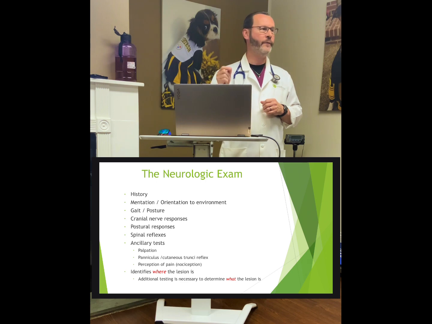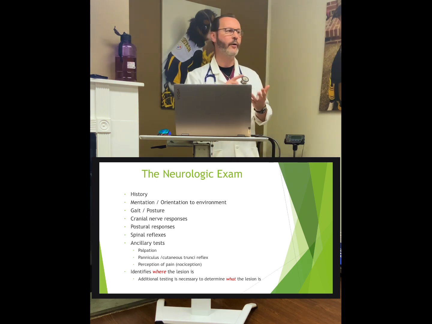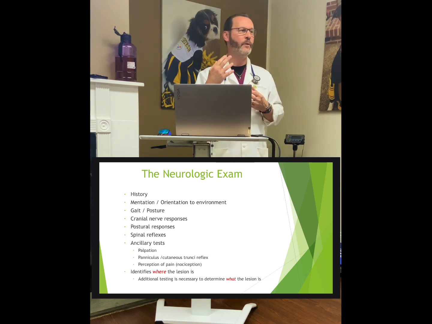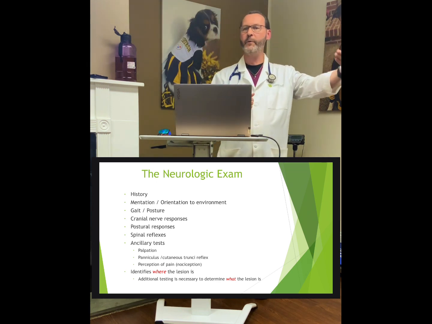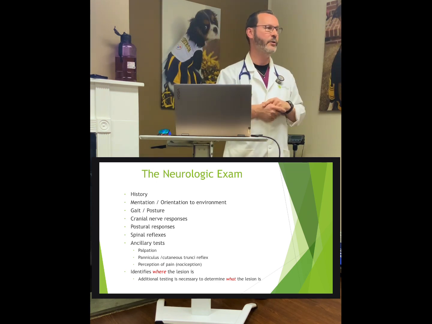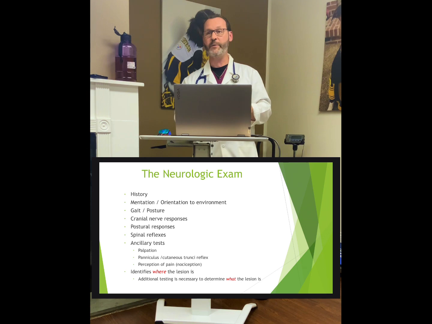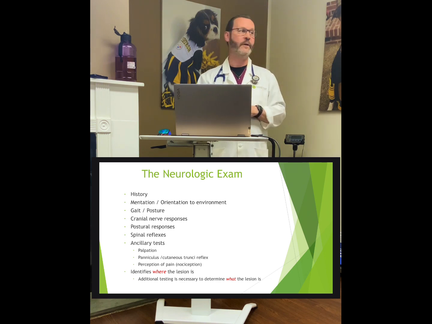So if other functions are intact, like intact motor to the limbs and superficial pain, you don't need to crunch on their bones to see if they respond, because the functions that would be lost before it are still present. So you don't always do nociception. You only do that whenever there's loss of every other function, and you want to see if there's something there. If nociception or pain perception is also lost, that's a pretty severe lesion. You have to really act on that quickly if you're going to get function back at all.